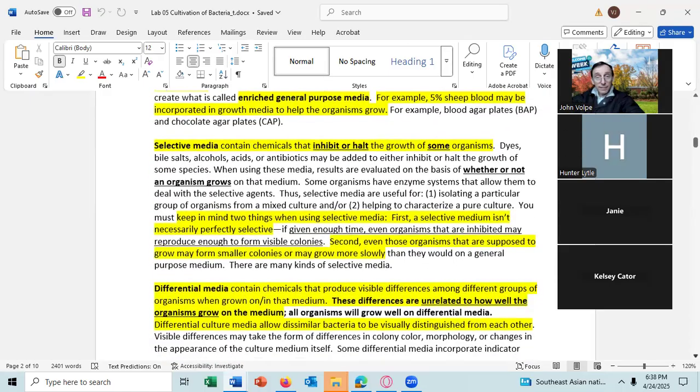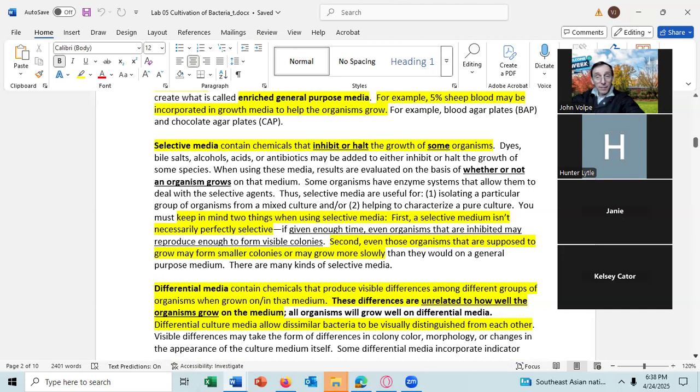And then we have selective media. These media contain chemicals that inhibit or halt the growth of some organisms, but not other organisms. Keep in mind two things when using selective media. First, a selective media isn't necessarily perfectly selective, meaning it's not 100% selective.